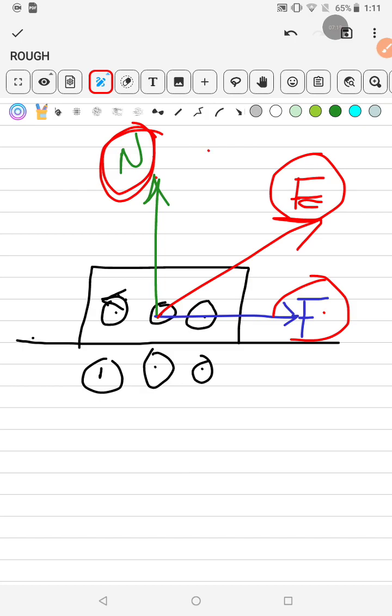These two forces are easier to solve than this one. As we have replaced the contact force with these two, both are also contact forces. Do you understand what I mean?